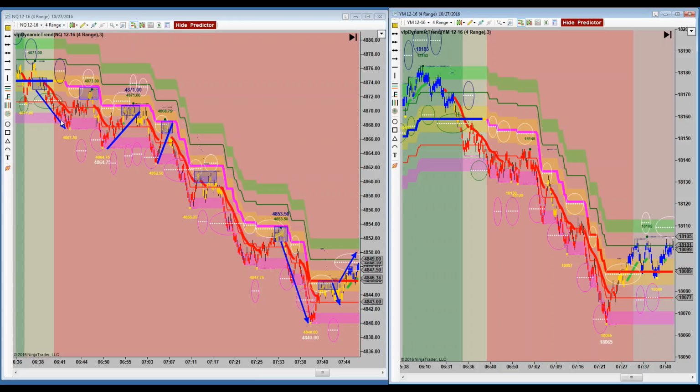Huge. Tons of places to get in, right? The equivalent move on YM here was 160 down to, I don't know, 70, 90 ticks. So 2/3. NASDAQ, you know, almost every day runs further in its sell-offs or runs up than YM does.